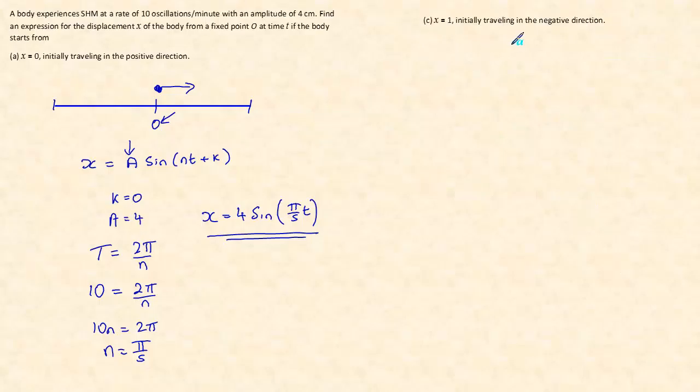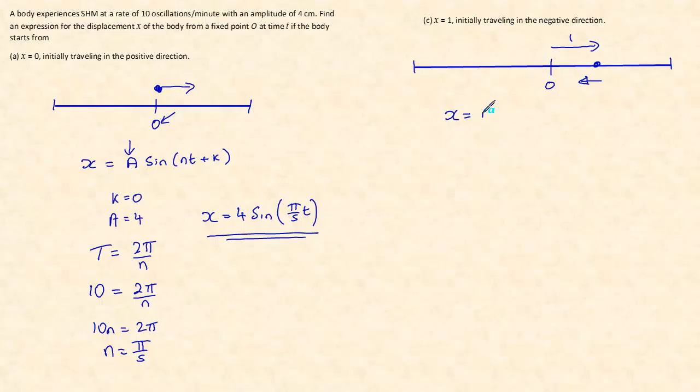Now x is 1, travelling initially in the negative direction. So this is the line we're moving along. We're going to start here so that this is 1, but it's going to be moving in this direction.